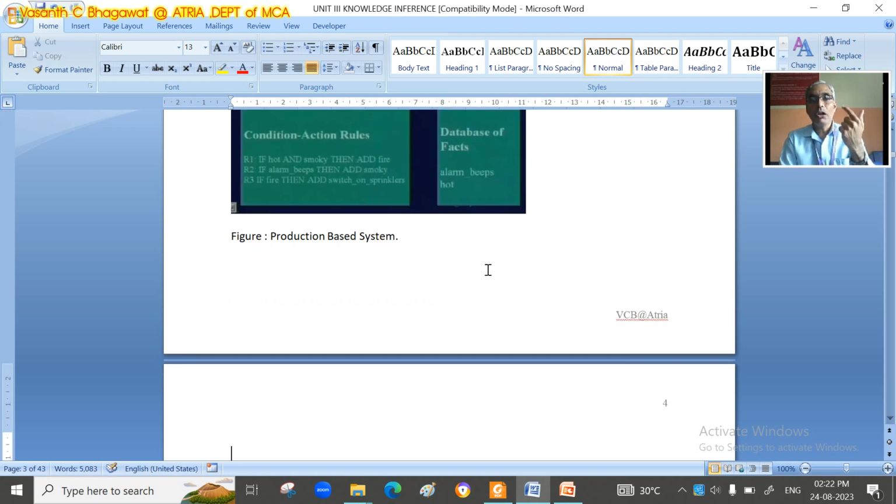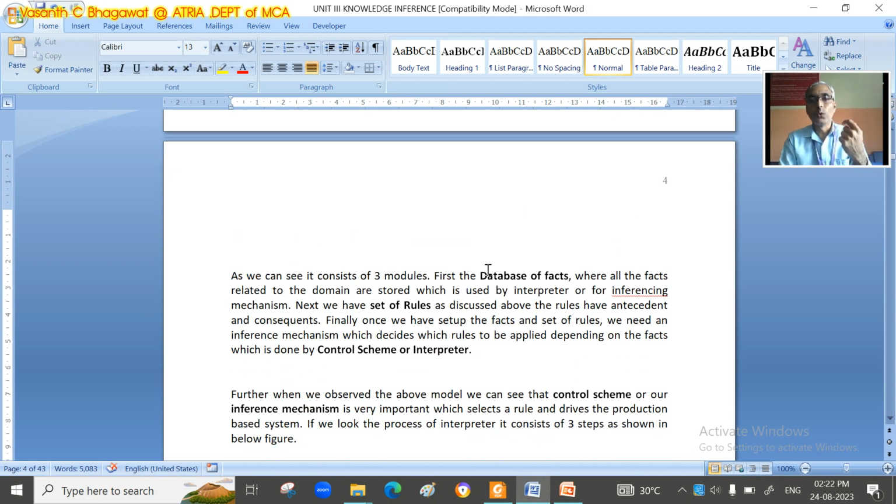It also takes from our rules, a set of if-then conditions. From one side it pulls the facts, from the other the rules, and then it does the inferencing, which is done by the control system, or interpreter.